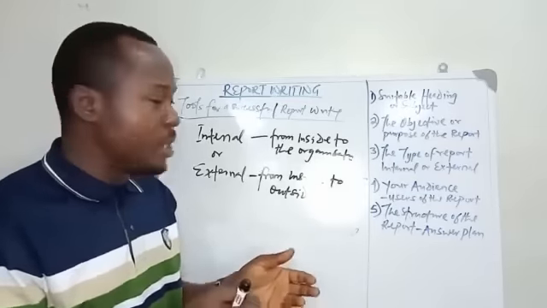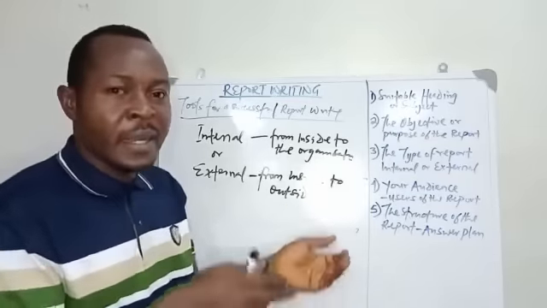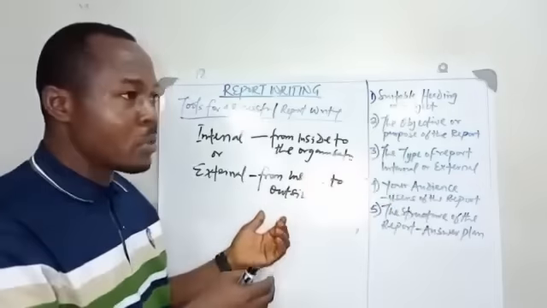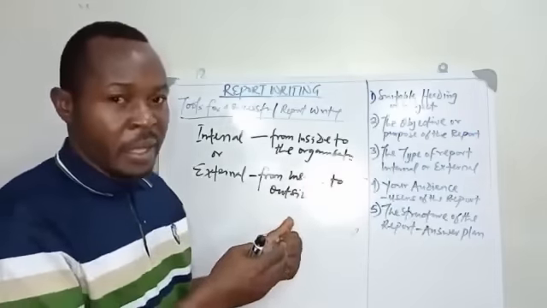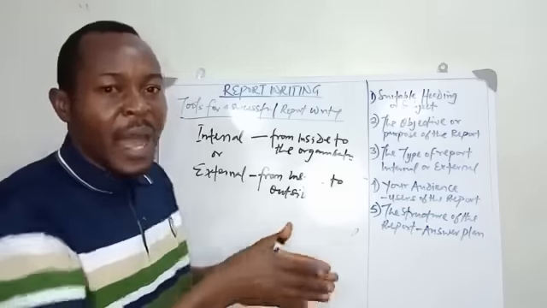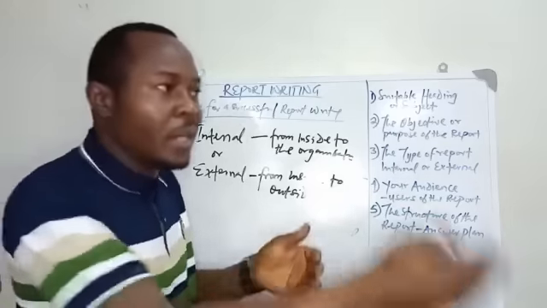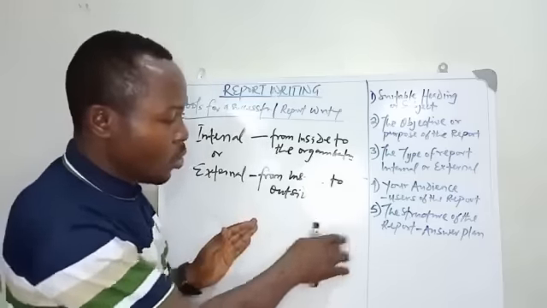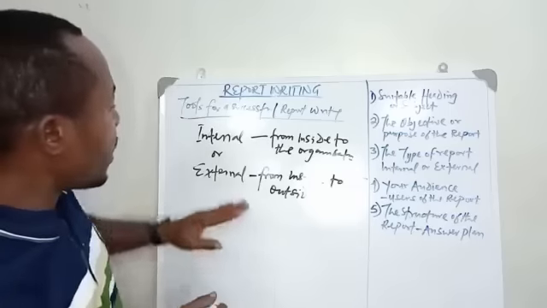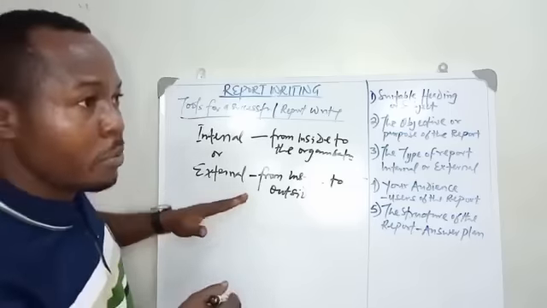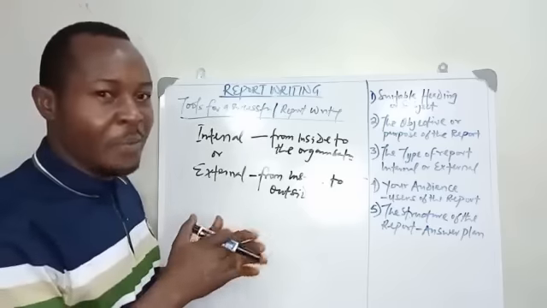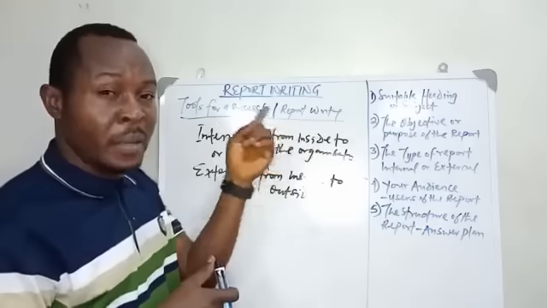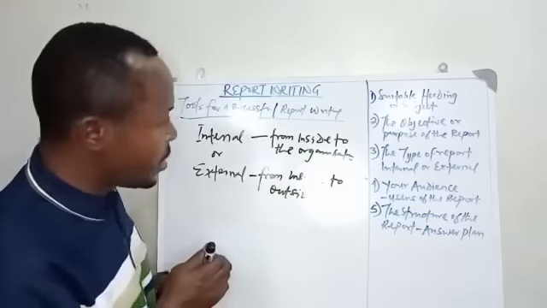For example, if a report is moving from a chartered accountant firm to the client office, such a report is called external. If a report is moving from the tax practitioner's office to the client office, such a report is external. You understand it? Okay? And this is very important for us to know, because the moment you miss it, your chances of having a successful report writing become very slim.